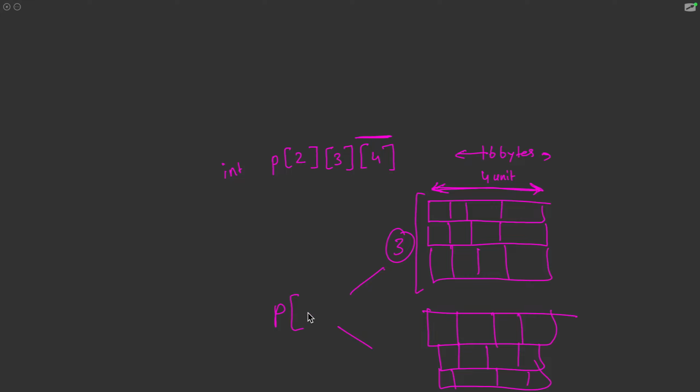So P0 is this, P1 is this, and within that, if you go for P[0][0], you're talking about this, and if you're talking about P[1][2], you're talking about this one.